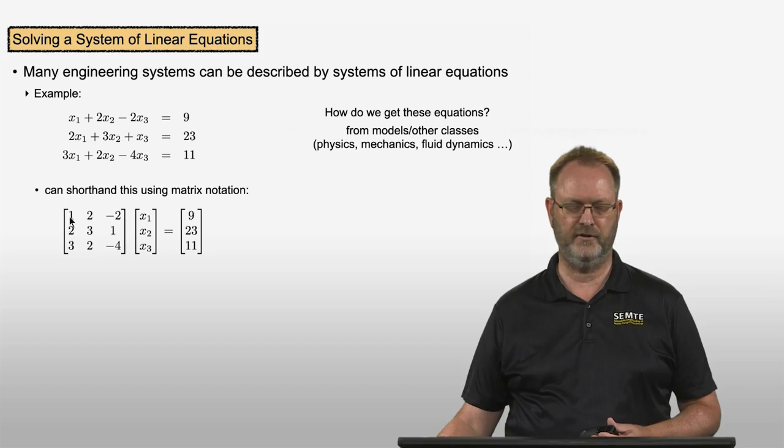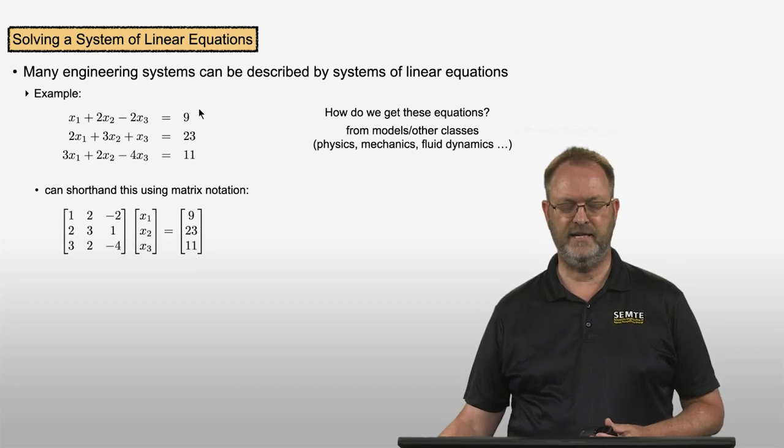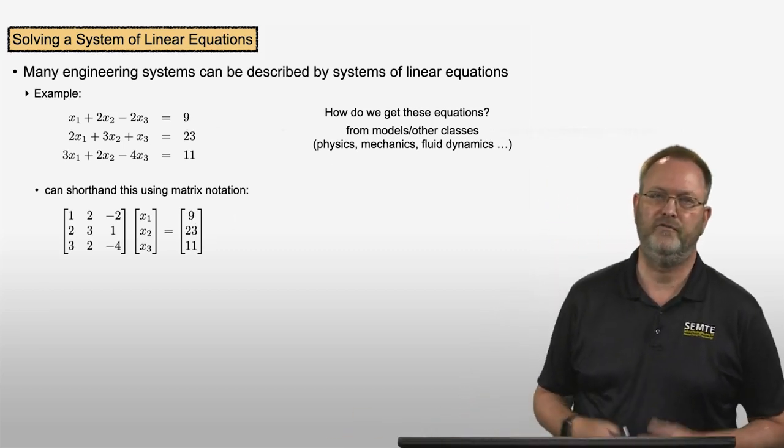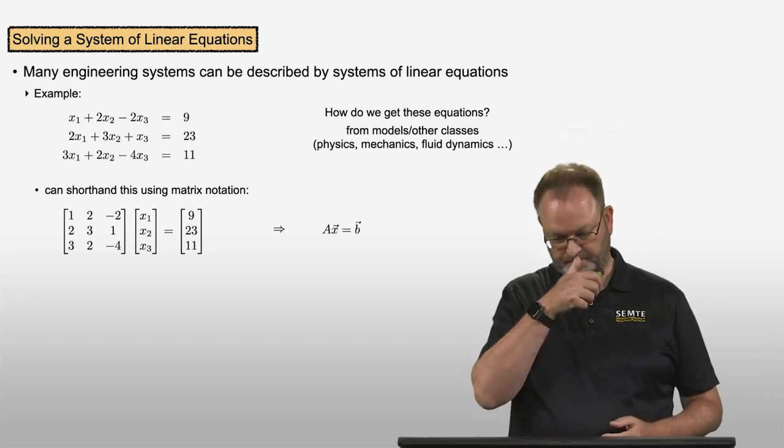So the first row here, you can see the coefficients. The coefficient 1 multiplies x1, the coefficient 2 multiplies x2, and the coefficient -2 multiplies x3. And the right-hand side is given as a right-hand side vector, the first row of that vector being equal to 9, because that's the right-hand side of the first equation.